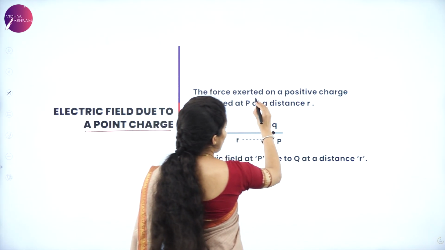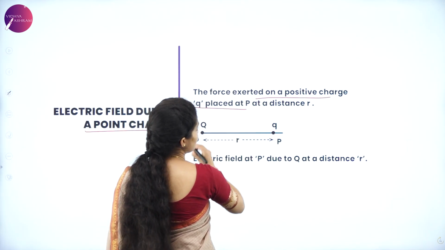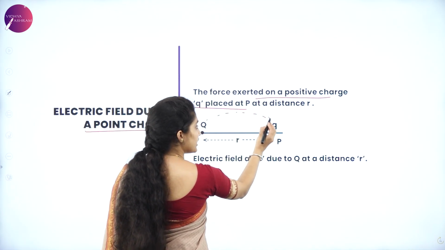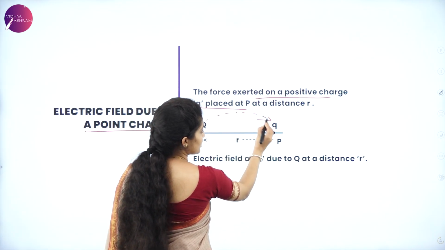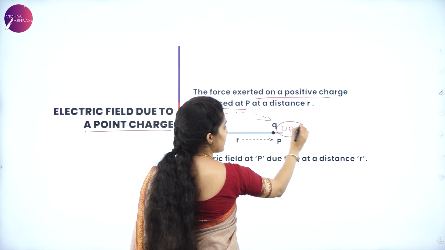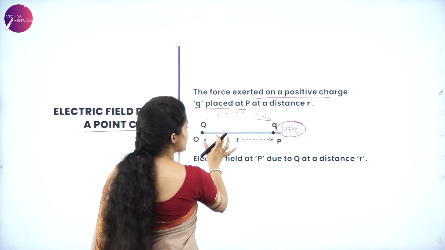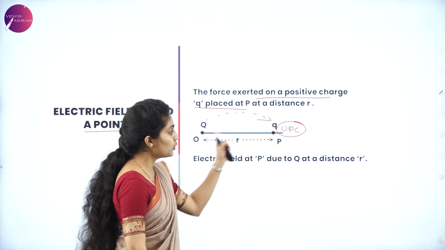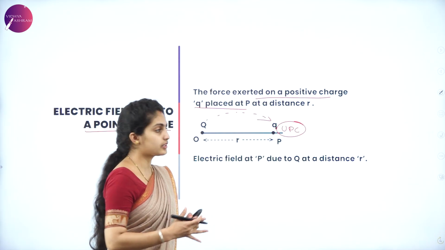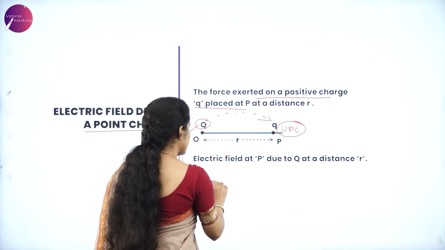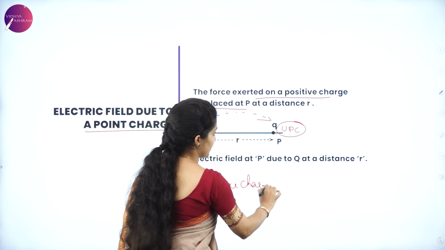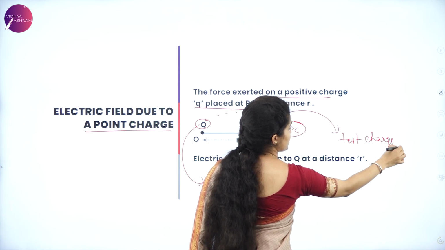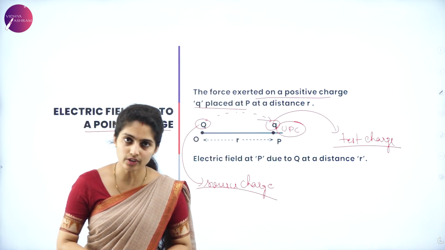The force is exerted on a positive charge q placed at P at a distance R from O, the origin. So there is a force exerted by the source charge Q on this test charge. This is the electric field at P due to Q at a distance R. This is what we had discussed earlier: Q is the source charge, and small q is the test charge.